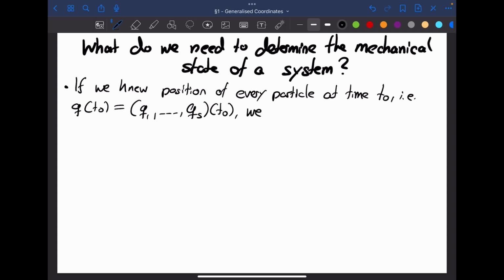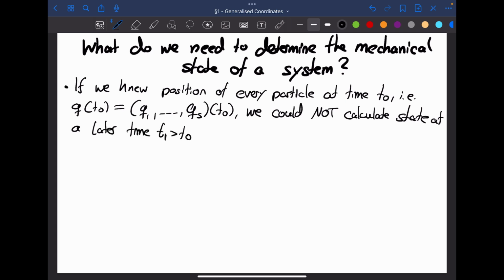What happens then? We could actually not calculate the state at a later time t1 bigger than t0, because we don't know the velocities. Like each of the particles could move at a different speed in a different direction and so on.